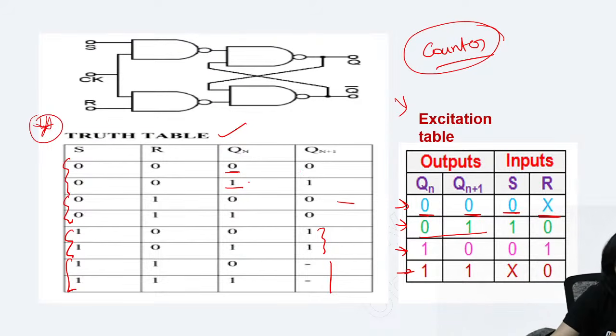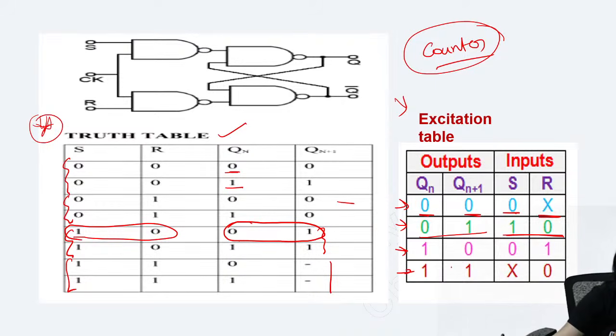So I have to check where is 0, where is 1. You can see here is 0 1. Is there any other one that is 0 1? No. So for 0 1, when Qn is 0, Qn plus 1 is 1, then the SR value was 1 and 0. That's why directly we can write 1 and 0. No problem. Is this clear?